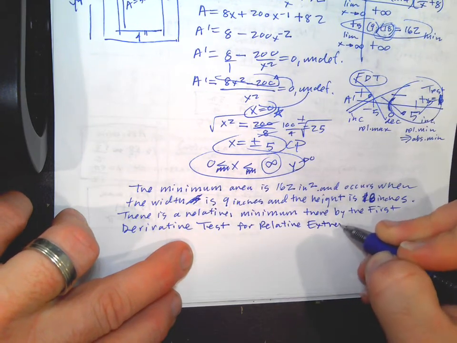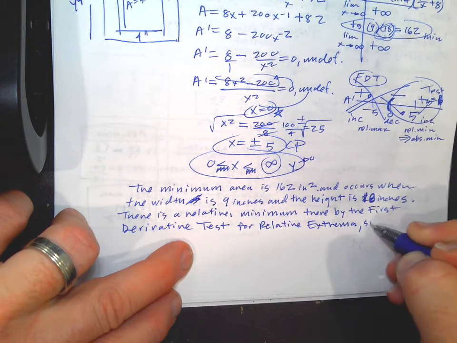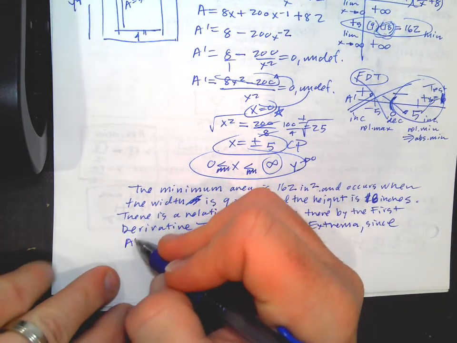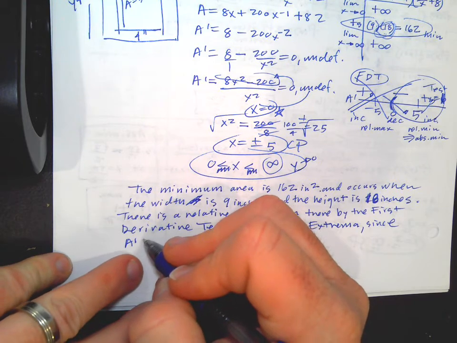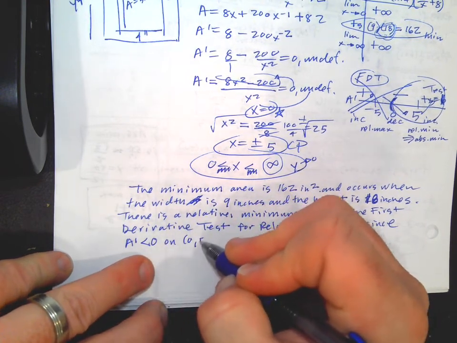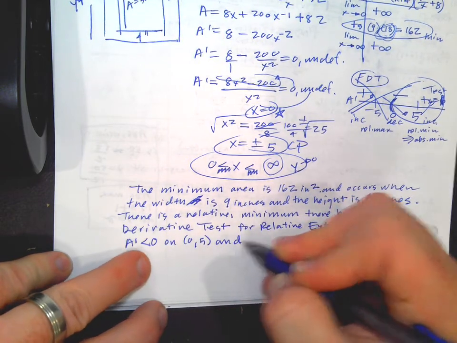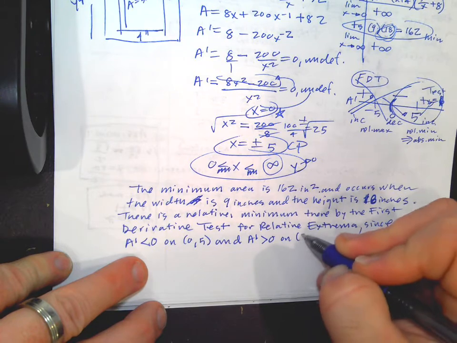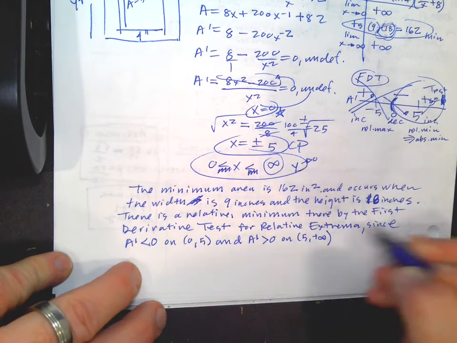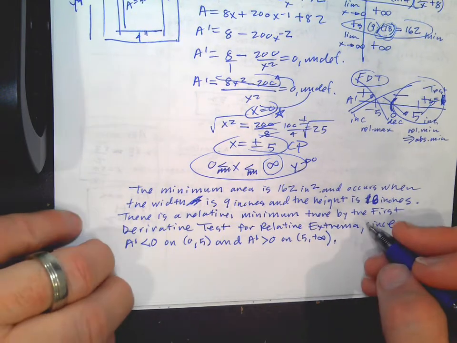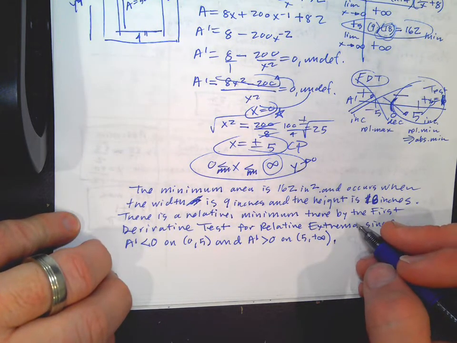That's the name of it. How does it work? Since A prime is negative on 0 to 5 and A prime is positive on 5 to infinity. Okay, cool. Well, why is the relative min an absolute min?